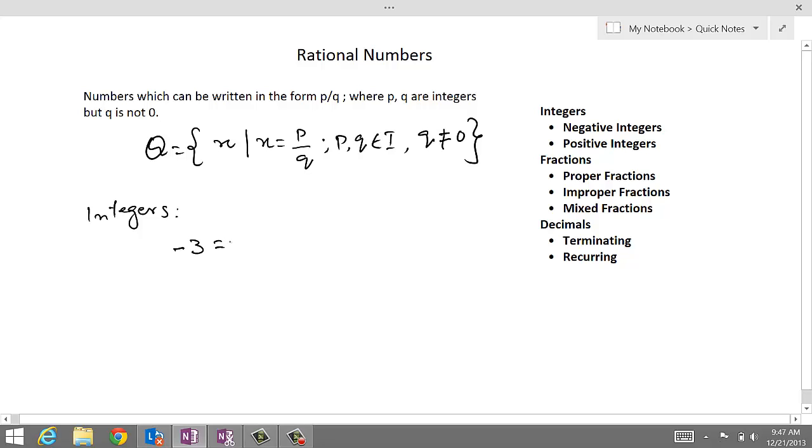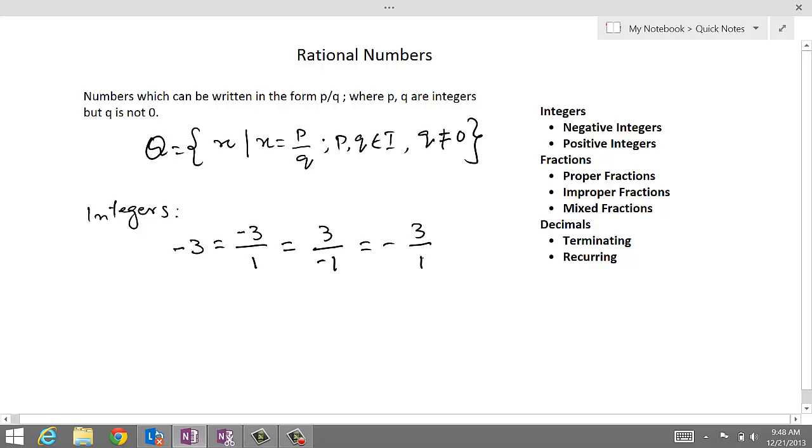Yes, -3 can be written in the fraction form because there is always a divisor 1. So this would be -3 divided by 1. You can also write it as 3 over -1, or you can write it as -3 over 1.